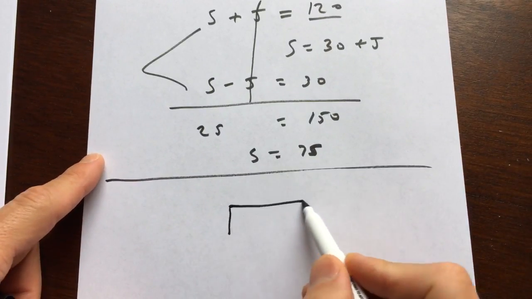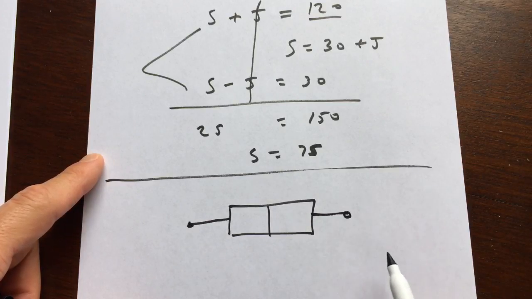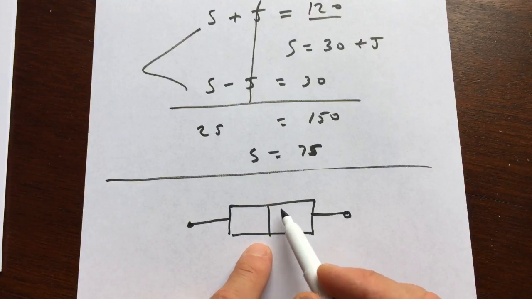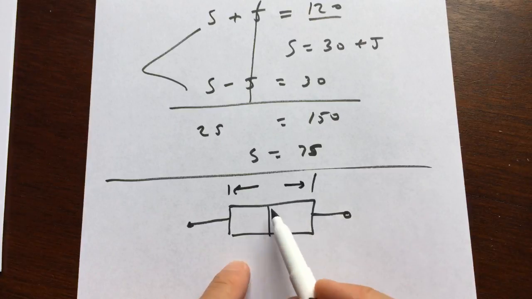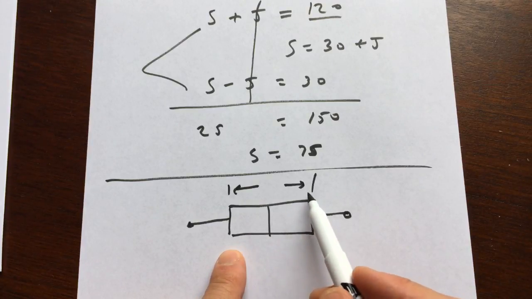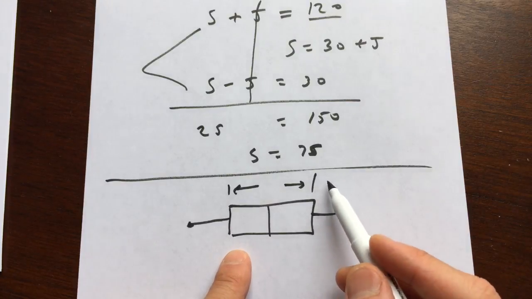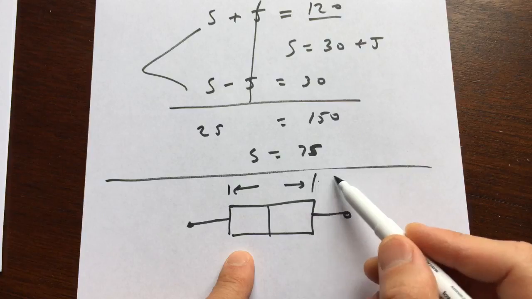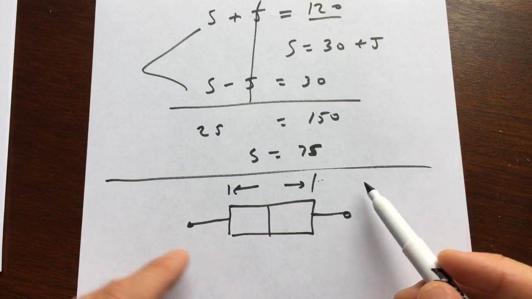If you've ever worked with box and whisker plots, have you guys ever graphed box and whisker plots? The idea is, if you take this range here, what they call the interquartile range, it's basically the third quartile minus the first quartile. If you multiply that by 1.5 and add it to the third quartile, any points further to the right of that point are considered outliers.